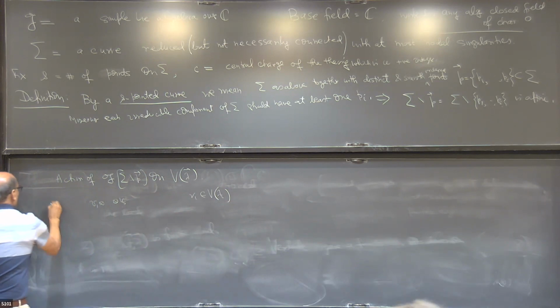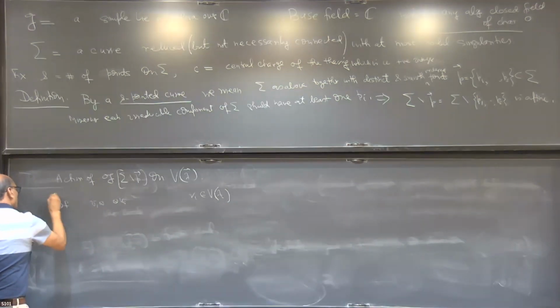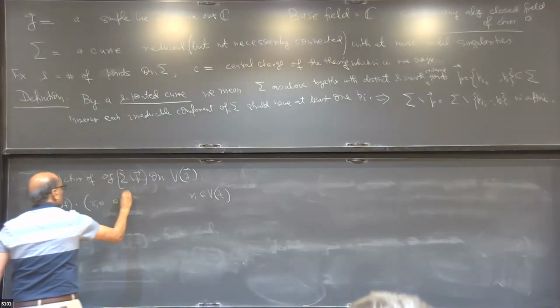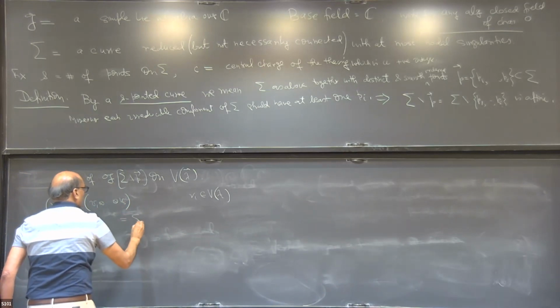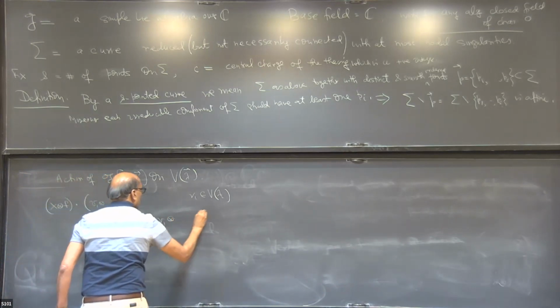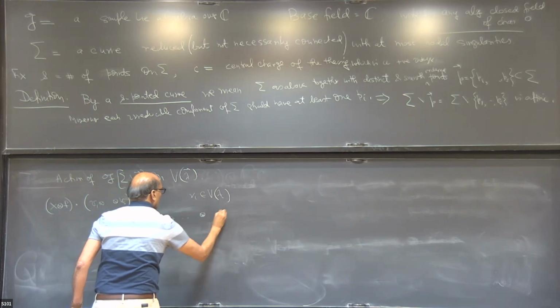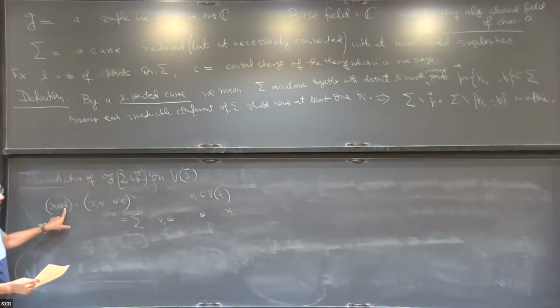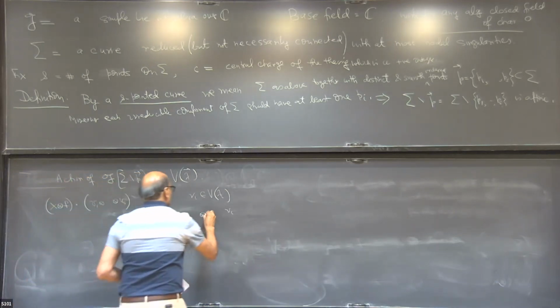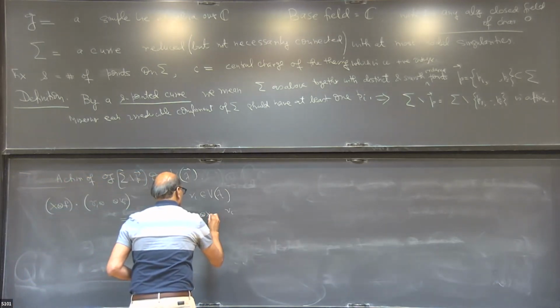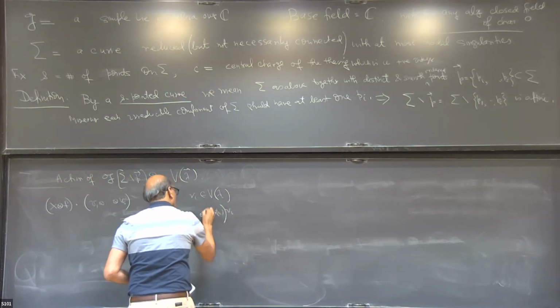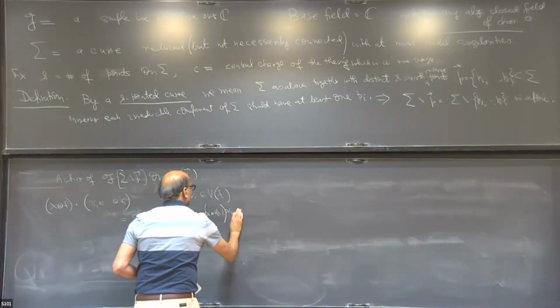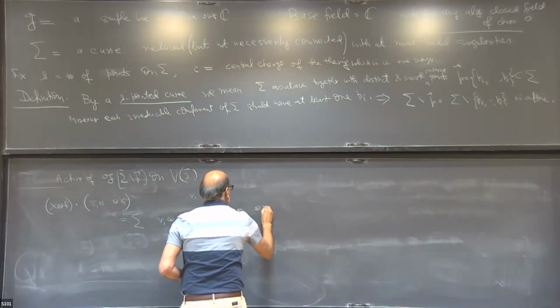And I take an element here, X tensor F. On the ith factor, I just evaluate this F at Pi. So I take X tensor F of Pi, which is a scalar now, and act on Vi.